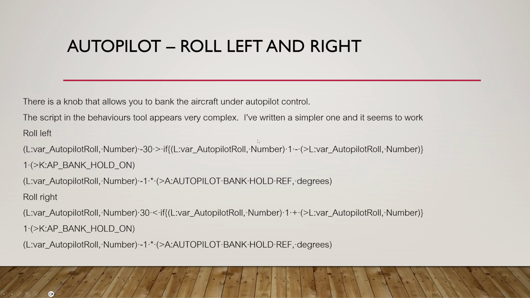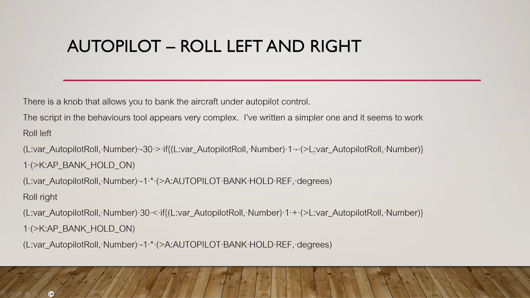The roll, again, I've run out of rotaries available on my Xtouch, but I did have it on there. But I've now got it programmed into a button, in fact, two buttons on my Stream Deck, and this is the variable to roll left. So it's scripted to roll left. It's got to check that you're not banking more than 30 degrees. That's its limit. So long as you haven't banked more than 30 degrees, it will just take the number and write it in.